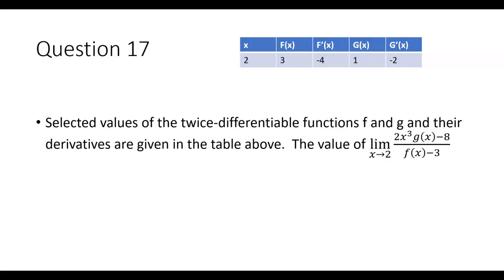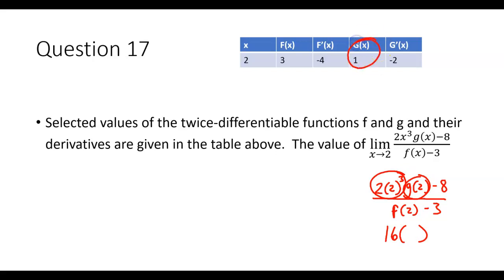So I'm going to plug 2 in. So that is equal to 16. G of 2, according to my table up at the top here, is 1.